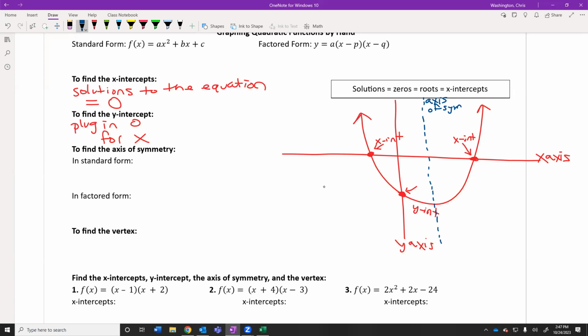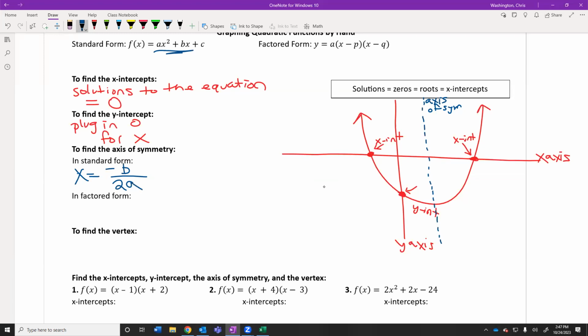It's just there for reference. So if we were to fold our graph along that line, it would be symmetric. And if our equation is in standard form, we can find it using x equals negative b over 2a. Maybe you remember that from Algebra 1, because you should have done this in Algebra 1, perhaps.